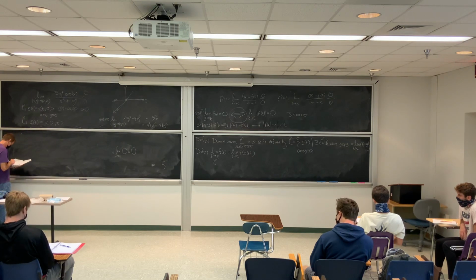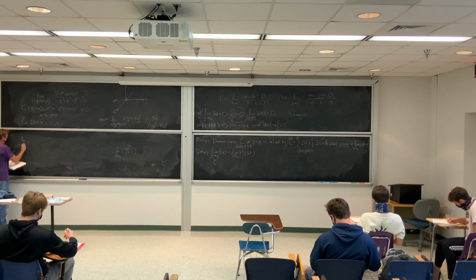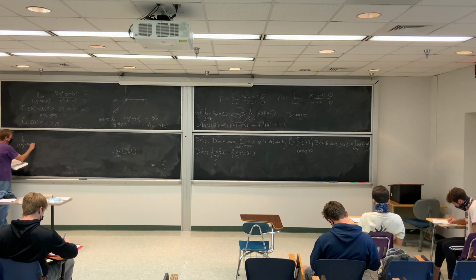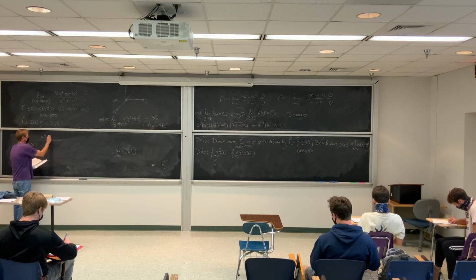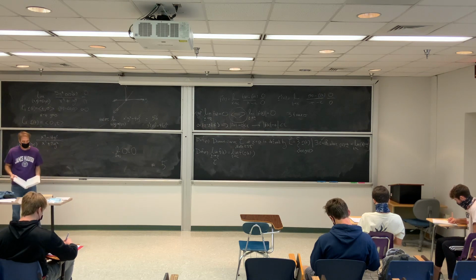You can show that it does not exist. This book loves these problems just going to 0, 0. The numerator is x to the 4th minus 4y squared. The denominator is x squared plus 2y squared.